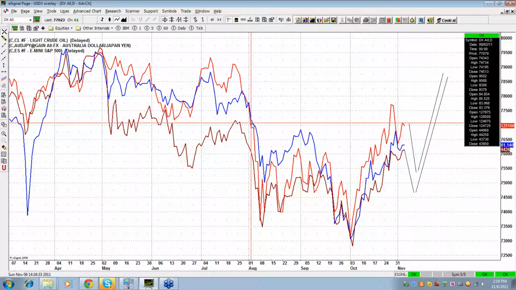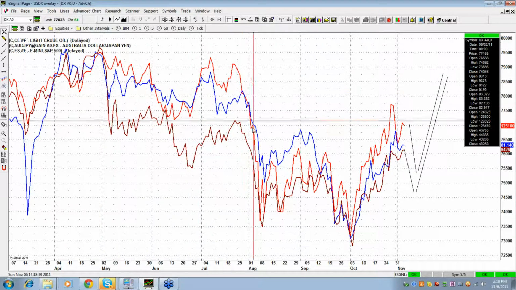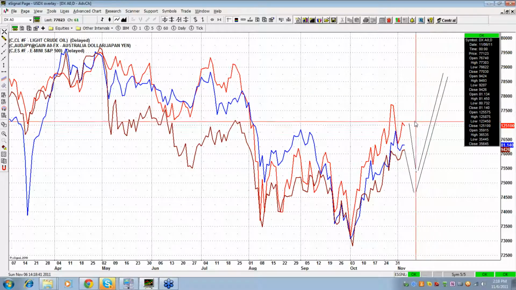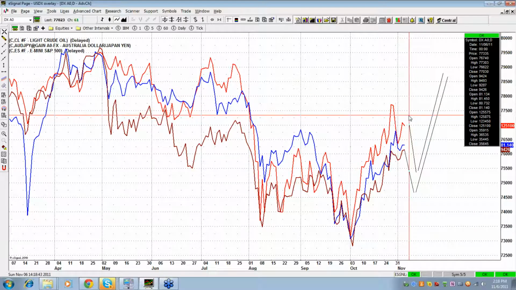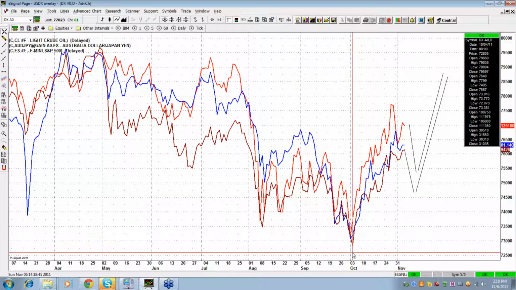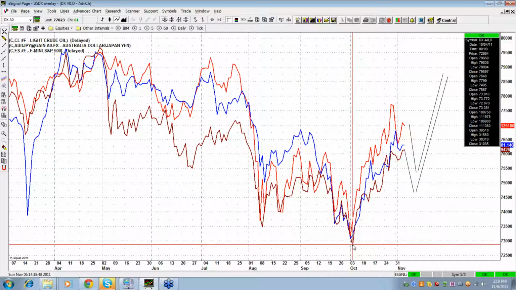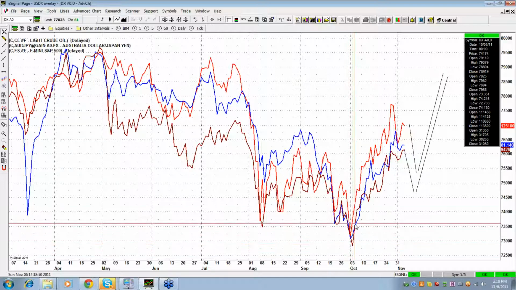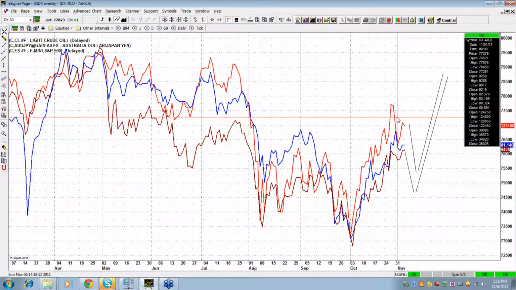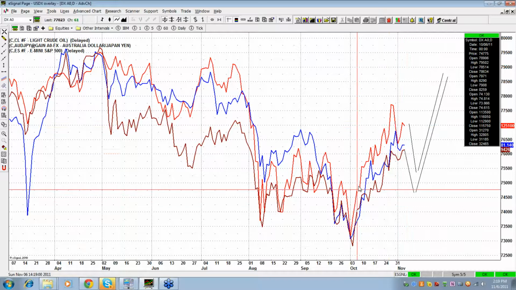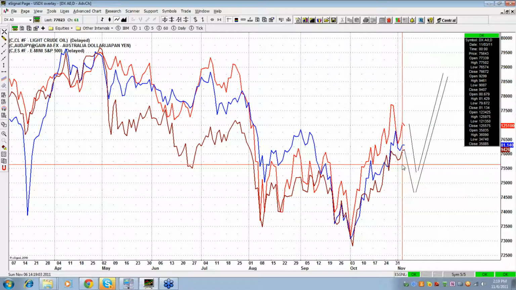So technically speaking, what I'm trying to say is that these risk assets are working pretty much like a clock, one after the other. Now, right here, oil gave us the clue that the bounce in risk was coming. And we called the bounce, as you guys know. Now, neither of these other assets is giving you the clue.